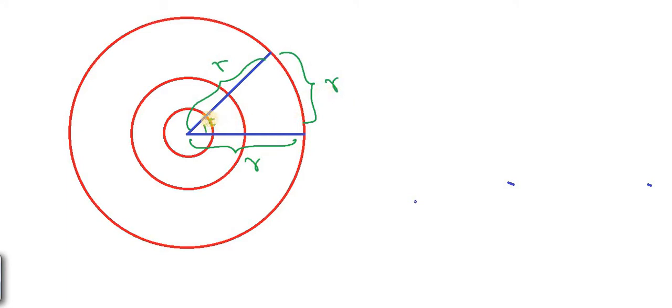Now it is very clear that when the radius is large, the arc of length is also large. If you go to the circles within it, then it's very clear that with decrease in radius, the arc of length also decreases. But there is no change in the angle subtended. Angle subtended remains the same.